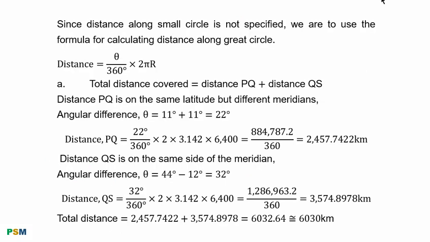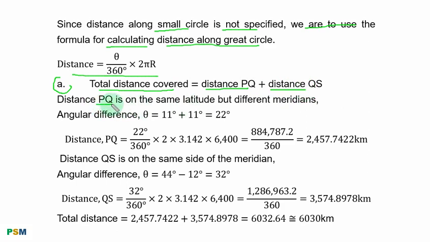The solution continues. Since distance along small circle is not specified, by default we are to use the formula for calculating distance along great circle. Such a distance is given by this formula. A part of the question, total distance covered is equal to distance PQ plus distance QS.